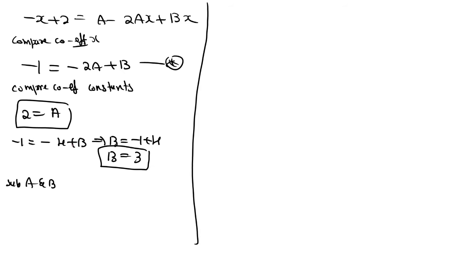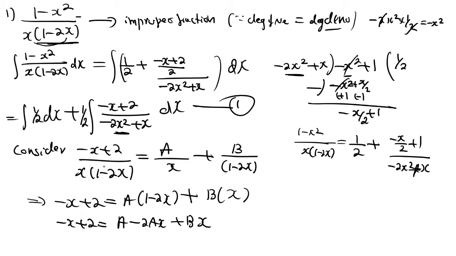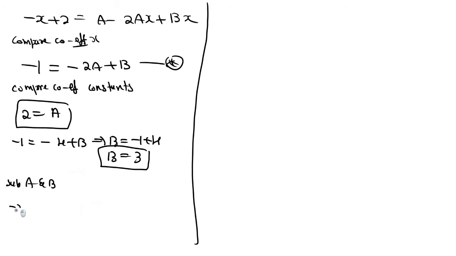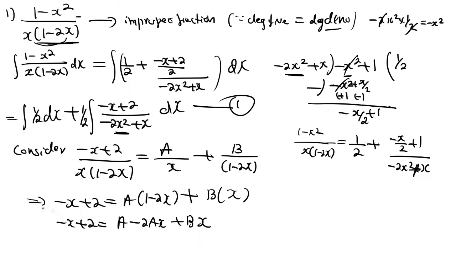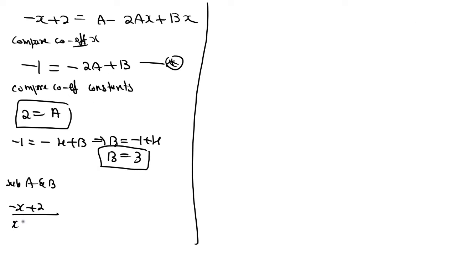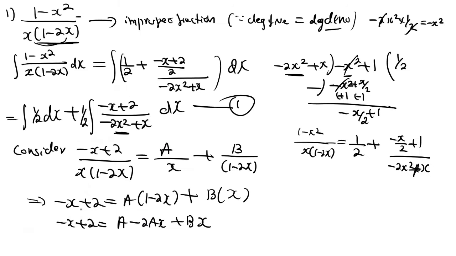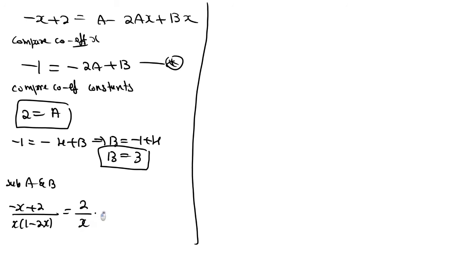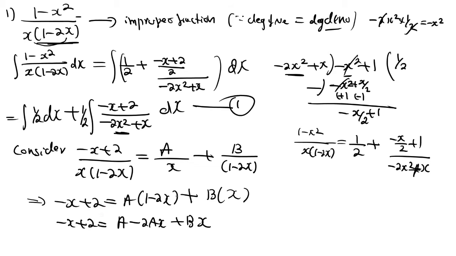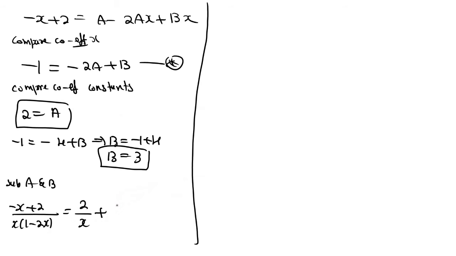Here we have (minus x plus 2) divided by x into (1 minus 2x) is equal to 2 divided by x plus 3 divided by (1 minus 2x).